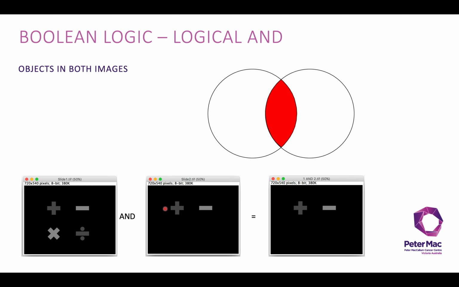In terms of the logical, Boolean logic, we have logical ANDs, so objects which can be found in both images. So again, it's only the plus and minus objects which are found in both images.